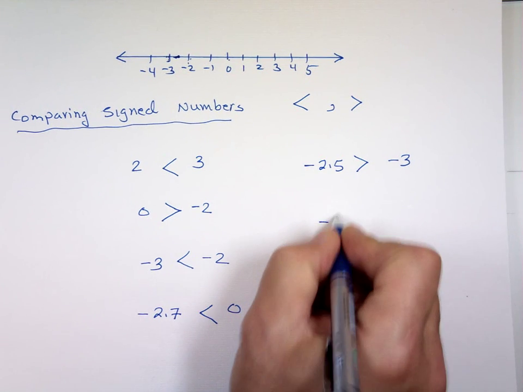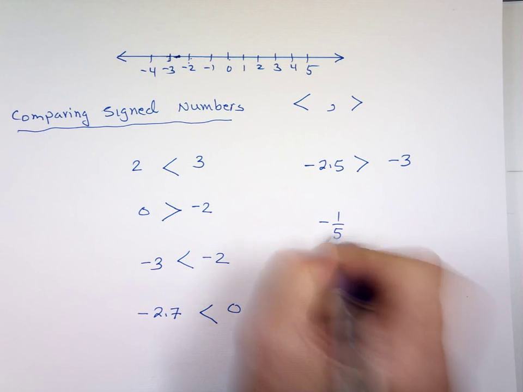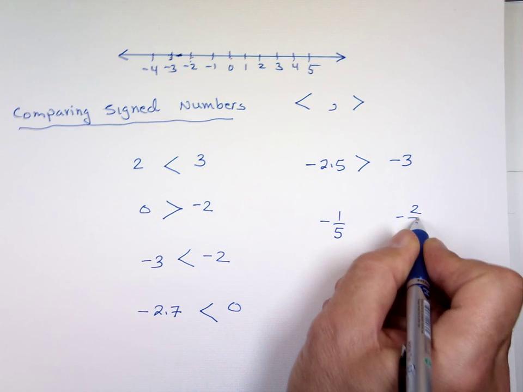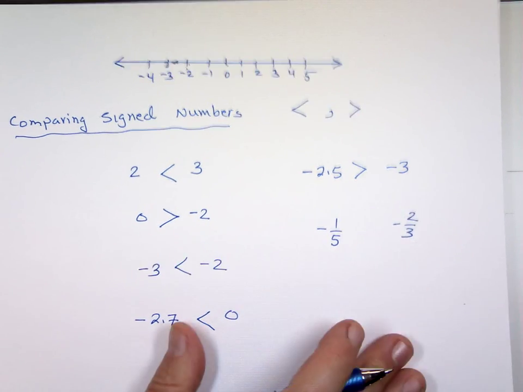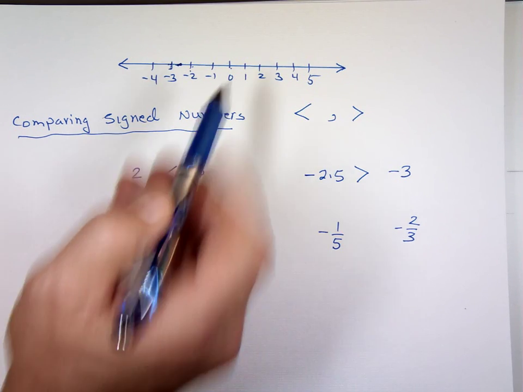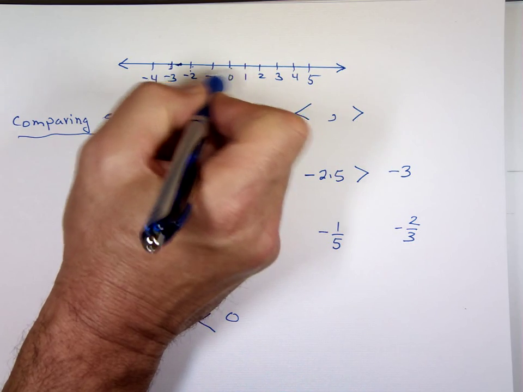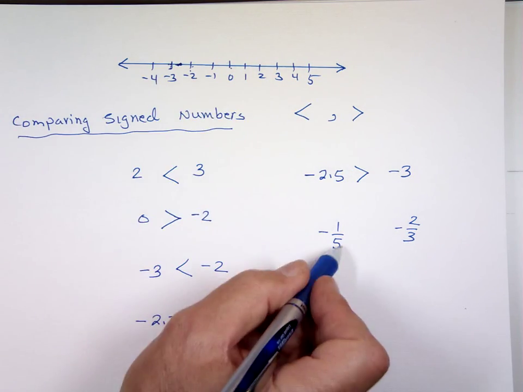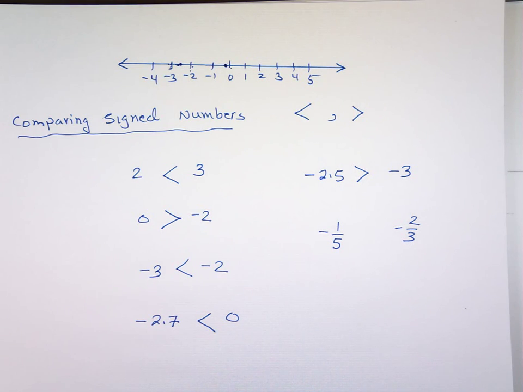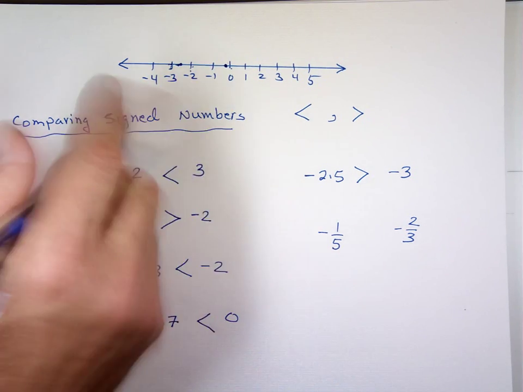Negative 1/5 and negative 2/3. Now 1/5, if you cut the space between 0 and negative 1 into 5 parts, negative 1/5 is right here. Negative 2/3 is 2/3 of the way, that's right here.